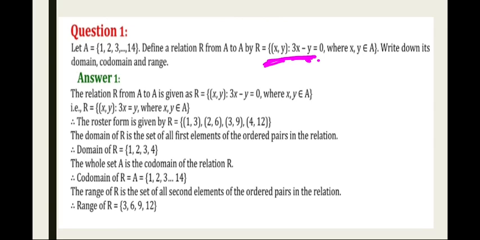Okay. So, what is the relation between the first and second element of the ordered pair? 3 times the first element minus the second element is equal to 0. Write down its domain, codomain and range.